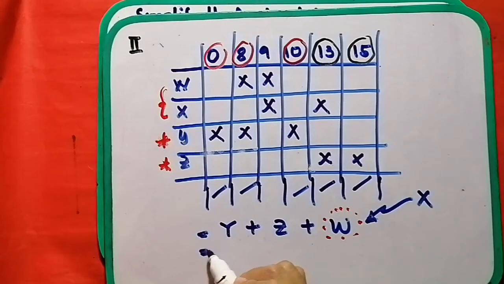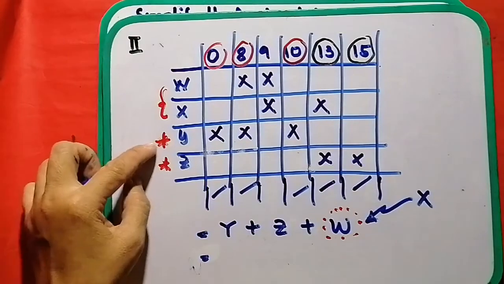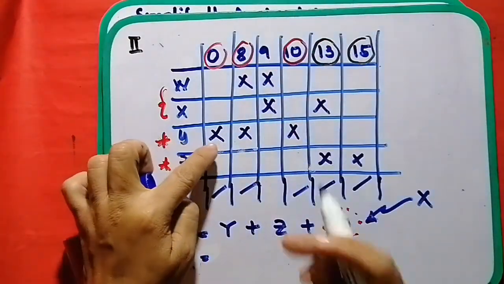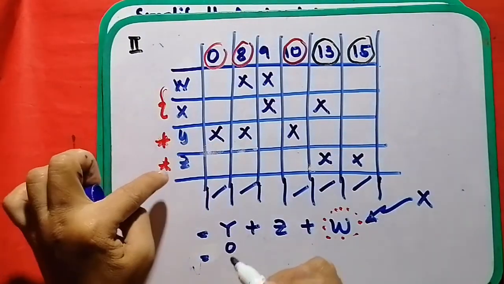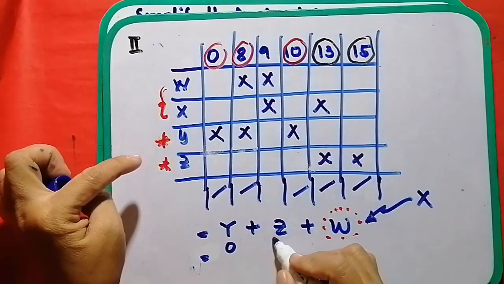The next, we choose one implicant per group. So for Y, it covers 0, 8, and 10. So we choose 0. Okay. For Z, it could be 13 or 15. Again, we choose 15.